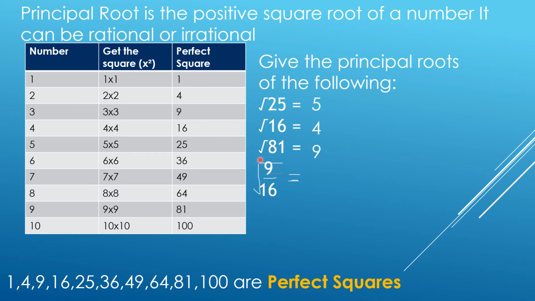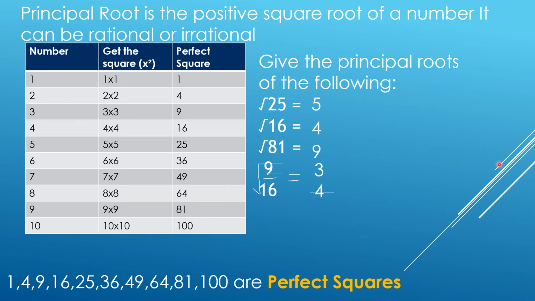Now, look at this one. This is a fraction. But you notice that the numerator is a perfect square and the denominator is also a perfect square. So we can get the square root of the numerator and also the square root of the denominator. We can separate that. So that is square root of 9, that is 3.